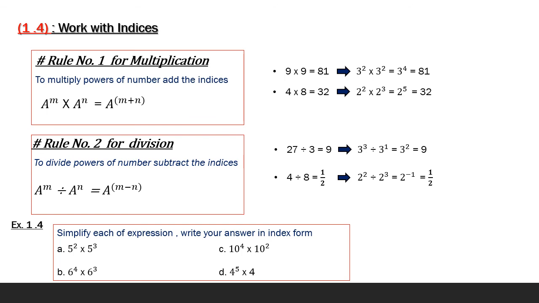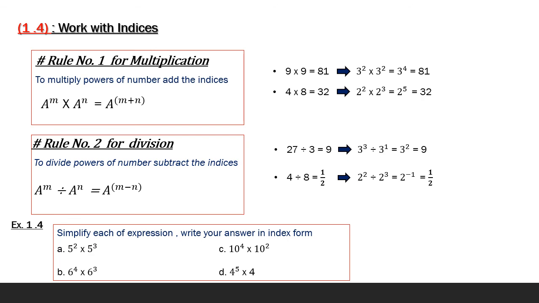Let's write it as powers: 3 to the power 3 divided by 3 to the power 1 is equal to 3 to the power 2, which is 9. 4 divided by 8 will be half. So let's translate it: 2 to the power 2 divided by 2 to the power 3 is equal to 2 to the power minus 1, which is 1 over 2 to the power 1, which is 1 over 2.